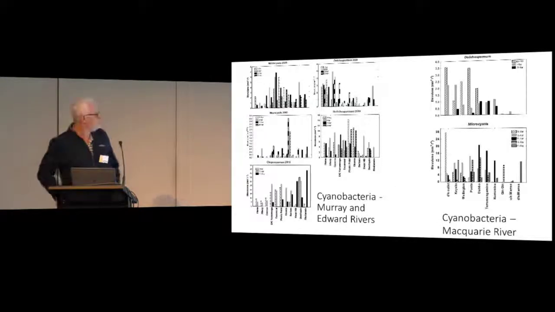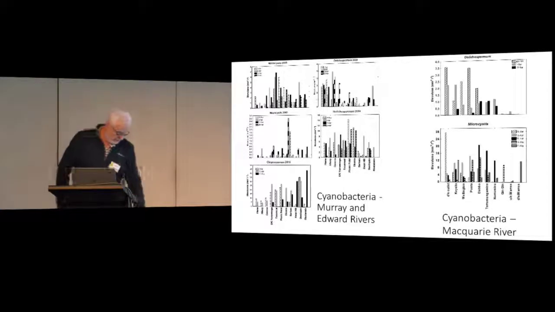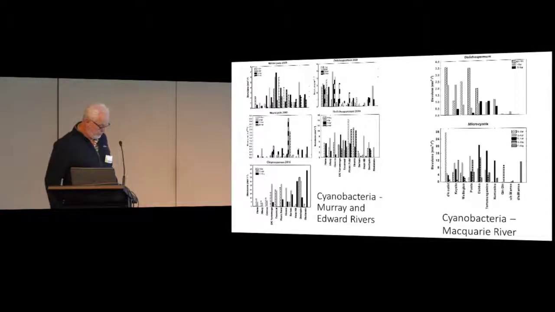In terms of cyanobacteria in the Murray and Edward rivers over the 3 bloom periods, there were three taxa looked at during these periods, and you can see for the most part the taxa extended well downstream from the headwater reservoirs at Hume Reservoir and Lake Mulwala, certainly as far as Swan Hill, which is 789 kilometres downstream from Lake Hume.